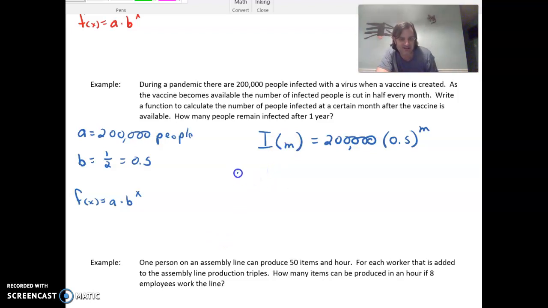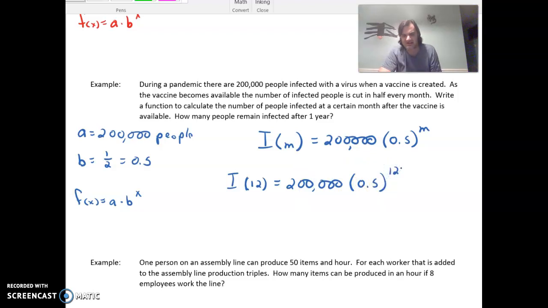Okay, so then the question is, how many people remain infected after 1 year? So 1 year, we don't want to put in 1 because this thing is measured in months. So I of 12 equals 200,000 times 1/2, or 0.5, to the 12. One thing we should be really careful about is how we put things in our calculator. If you need help with that, get with me.